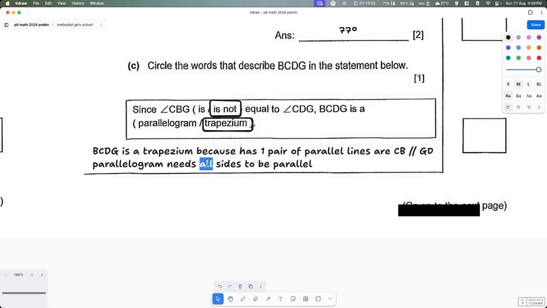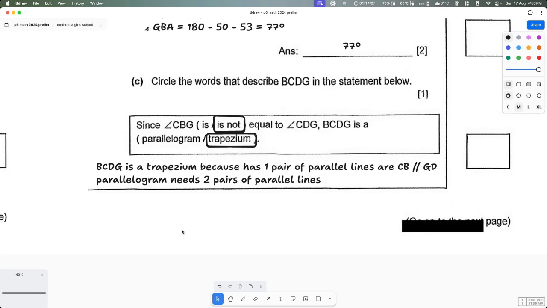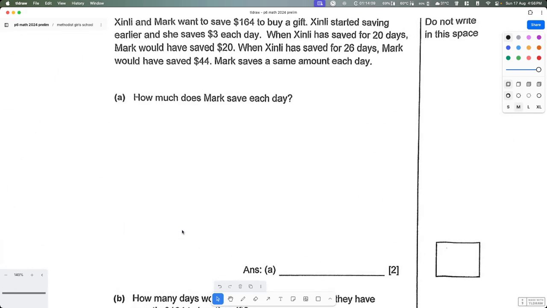A parallelogram needs all sides to be parallel, two pairs of parallel lines. Right? That makes sense. Okay, let's move to the next question.